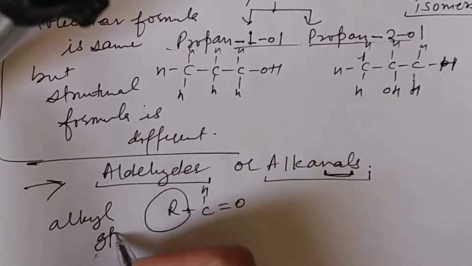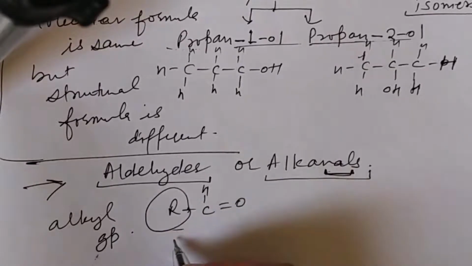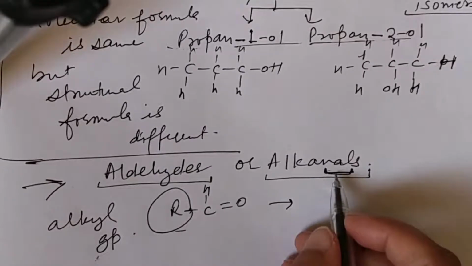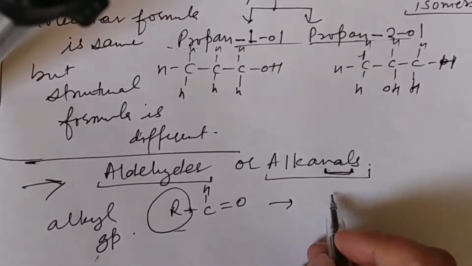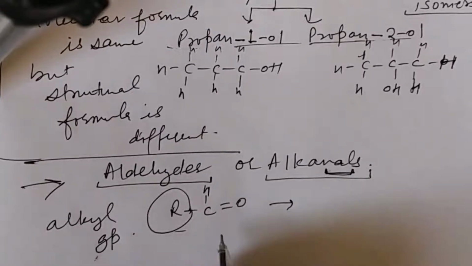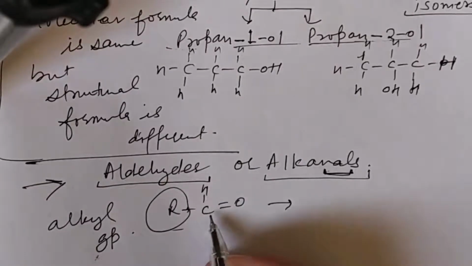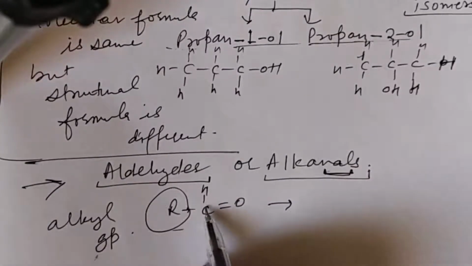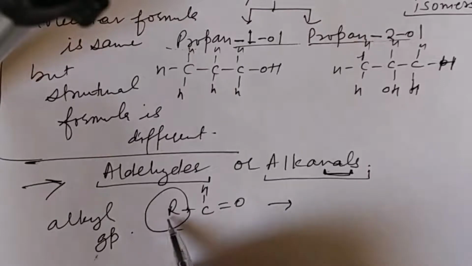If we take the first member of the aldehyde family, because this family has the CHO group, and the CHO group also starts with a carbon atom, it should be included in the main chain of carbon atoms while counting.